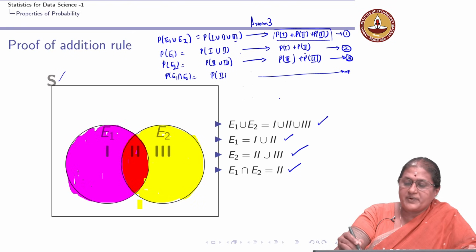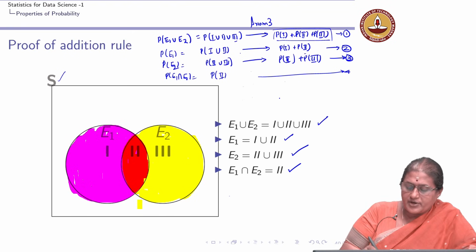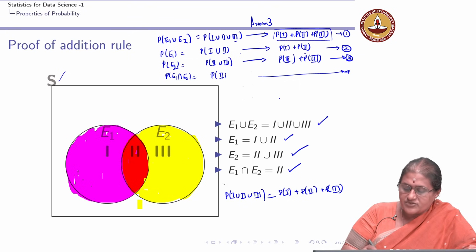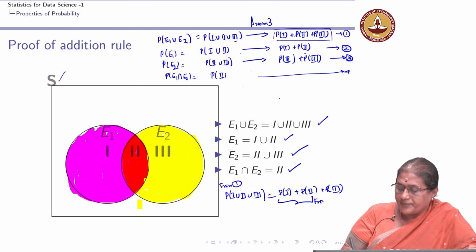So, if I look at probability of 1 union 2 union 3, this is probability of 1 plus probability of 2 plus probability of 3. This comes from 1. Now, from 2, this is equal to probability of E1 plus probability of 3.